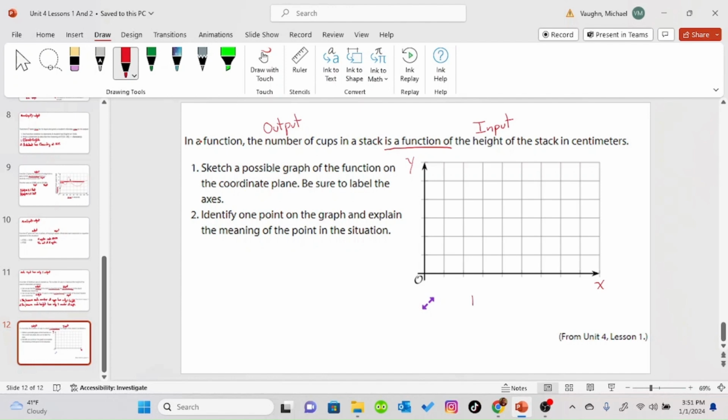So in this case, this is height measured in centimeters. The y-axis is your output or your dependent variable. In this case, that's number of cups. And now we can number it.